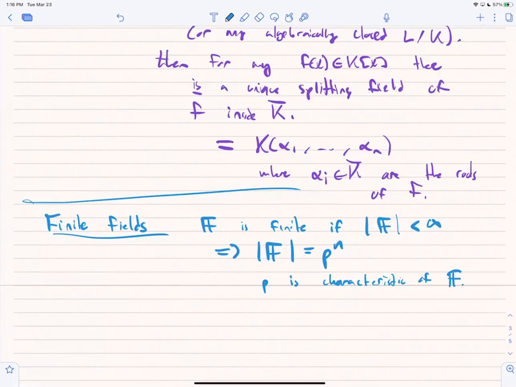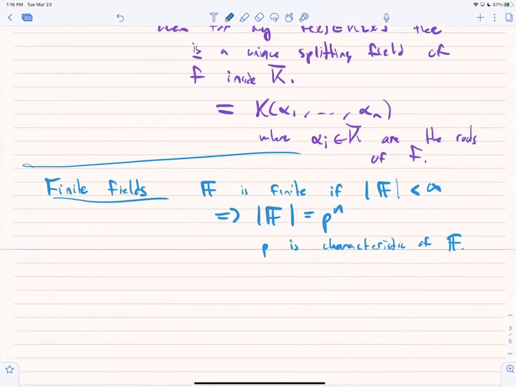So the prime subfield has to be F_p, i.e. the characteristic has to be p for some prime p. And then if you're finite, you're in particular finite dimensional over F_p, so you're a finite dimensional vector space over F_p, and you have size some power of p.